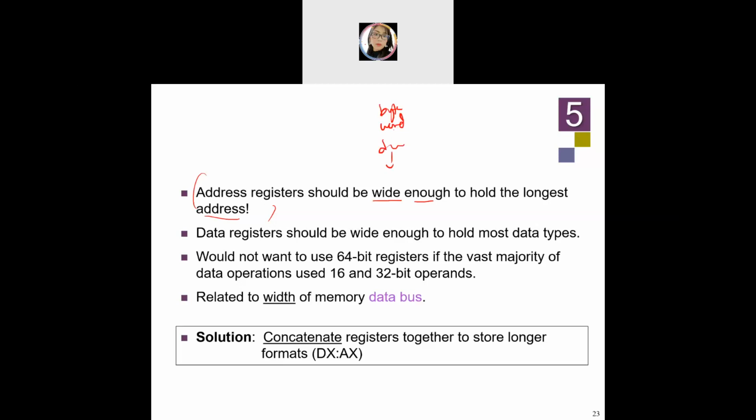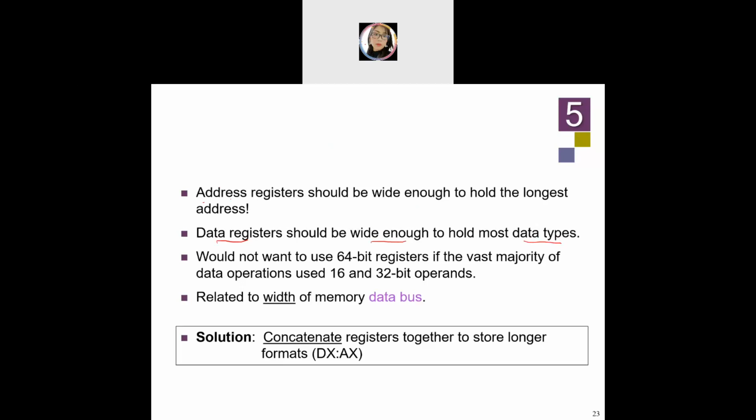So you need to have enough size also to hold whatever data that you want to achieve. Data registers should also be enough to hold most data types.